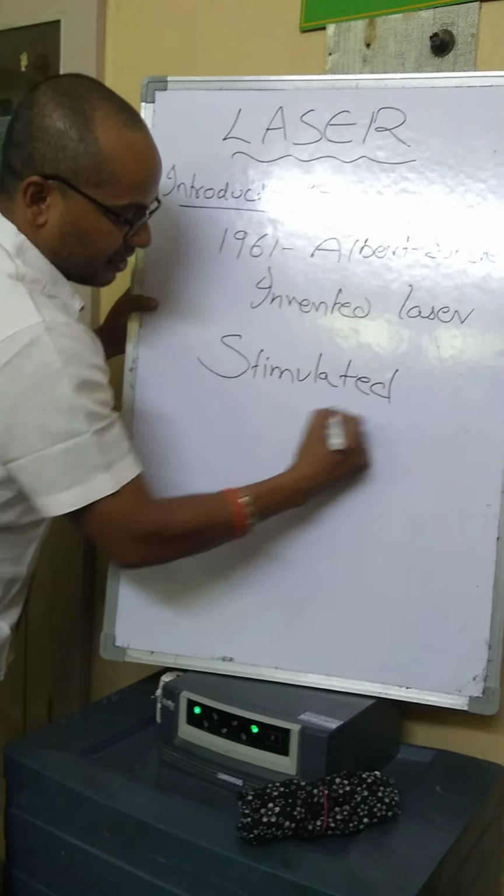Right? In detail, we will be discussing what is stimulated emission, and why the name laser. Listening to my lecture, you slowly start to concentrate on important terms like stimulated emission.